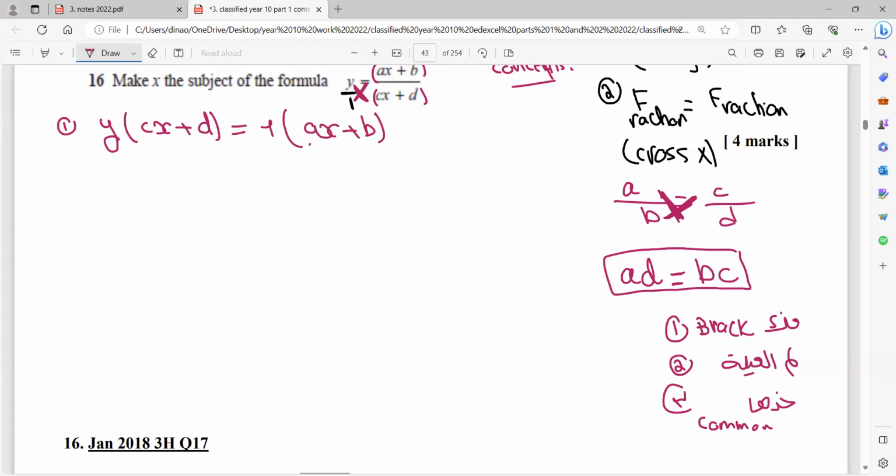So as you can see now, it changed into an equation, so I can easily deal with it. Okay, so after cross multiplication, I will expand the bracket. I must expand the bracket. And that's step number 1. So when do we expand the bracket? We expand the bracket when the question has cross multiplication.